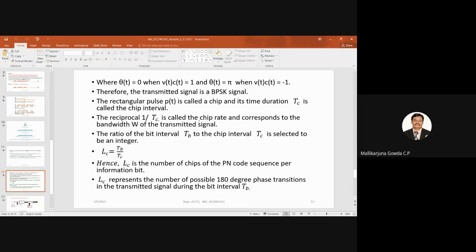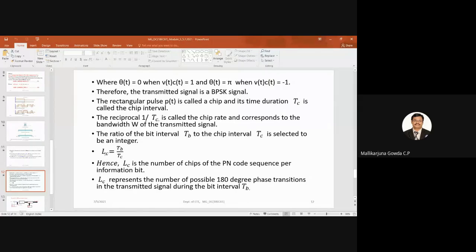The ratio of the bit interval, that is TB, the duration of the information bit, to the chip interval, that is TB by TC, will be an integer. And we denote that as L_C, the length of the chip sequence.